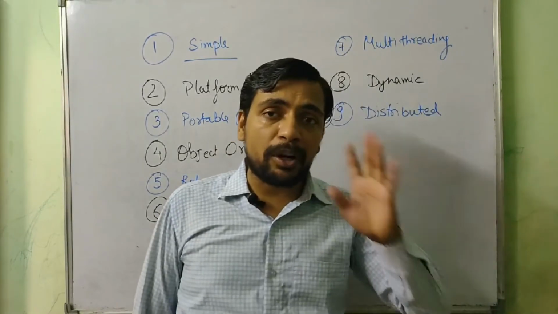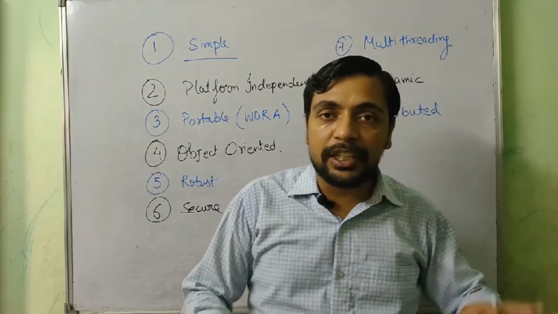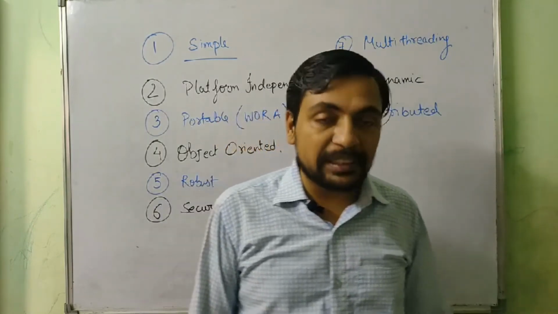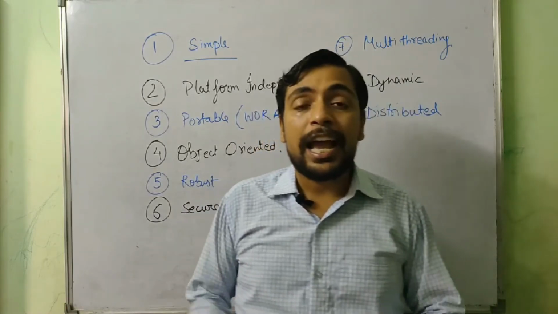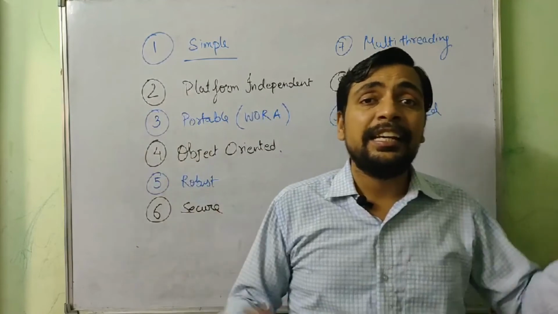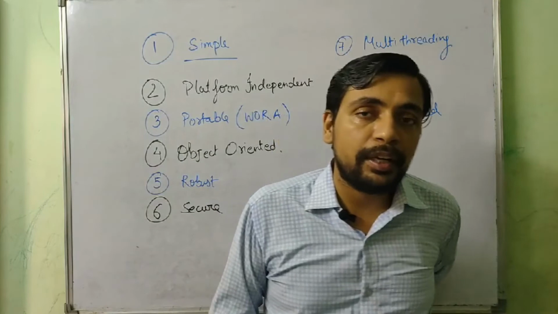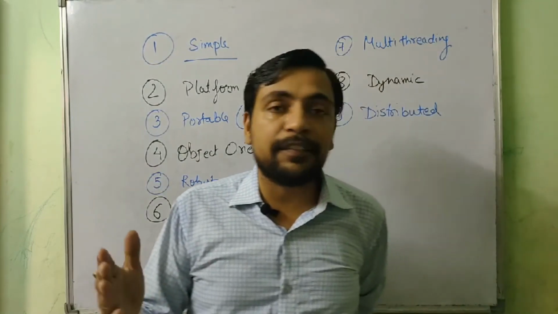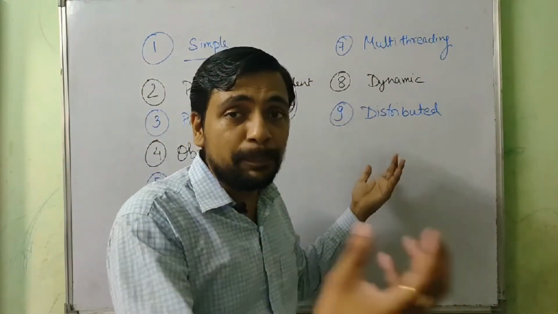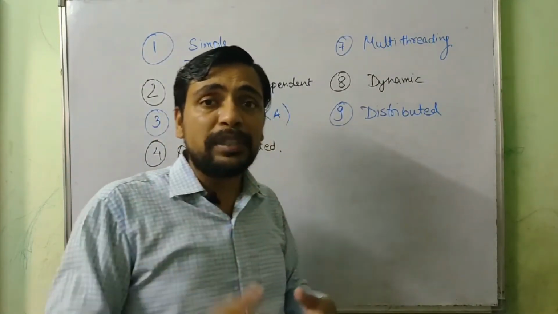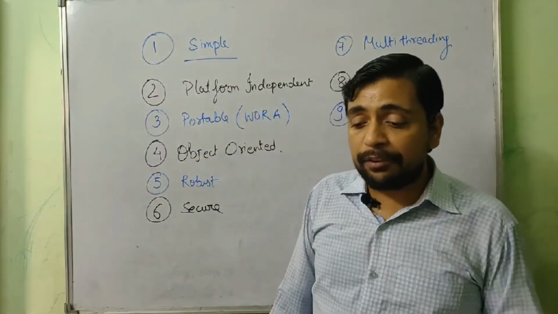There is only one person in the lab who is the admin of the examination, who takes care of the examination, and each and every system's monitor screen has the interface of that software. Are you getting it? So we can create applications that can run on multiple systems at the same time, and those are distributed applications. So these were the features of Java that I wanted to tell you.